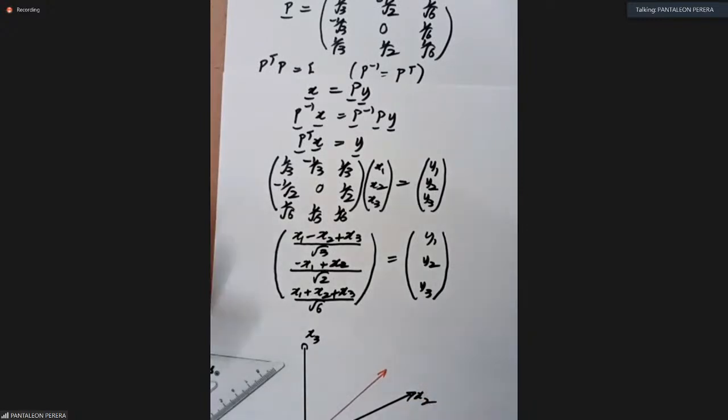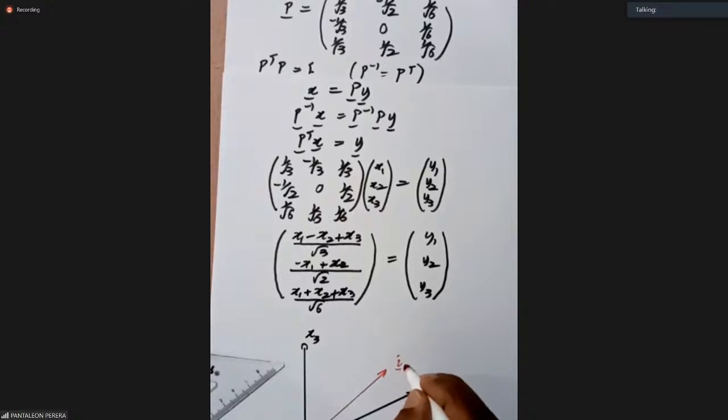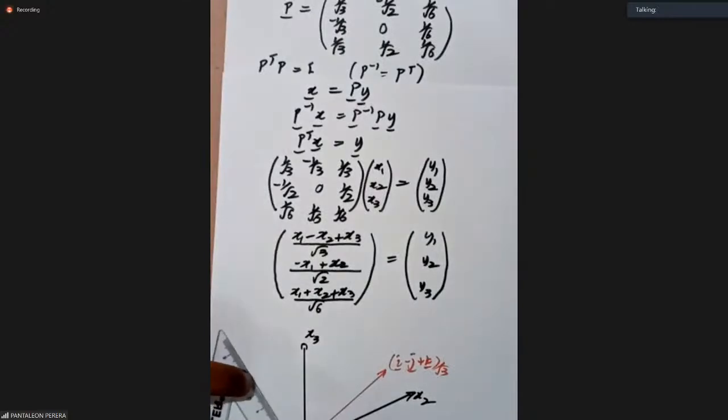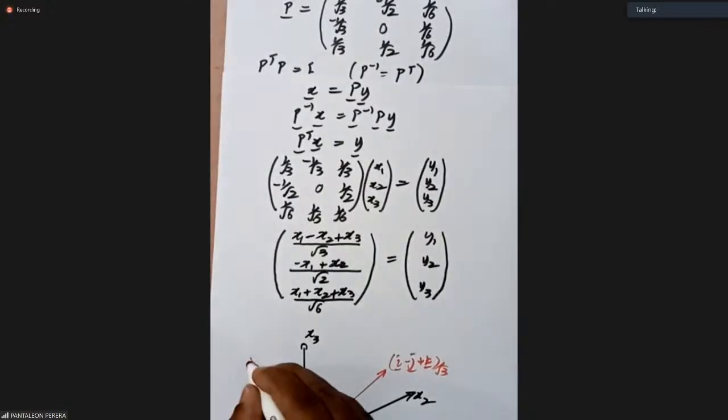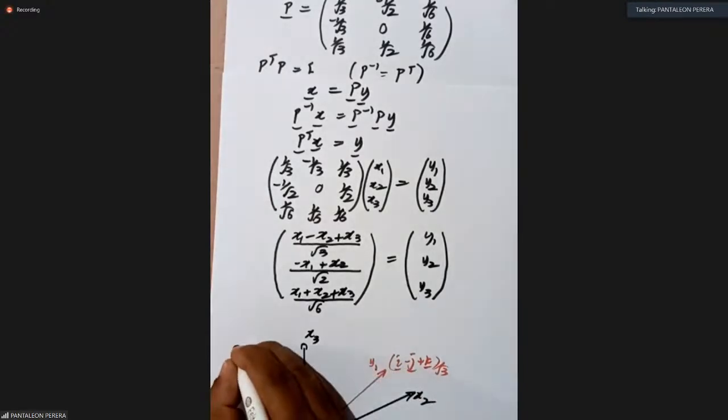What is the vector along that direction? i minus j plus k, over square root 3. Another axis is this. These are normal to each other. This is y1, and this is y2.